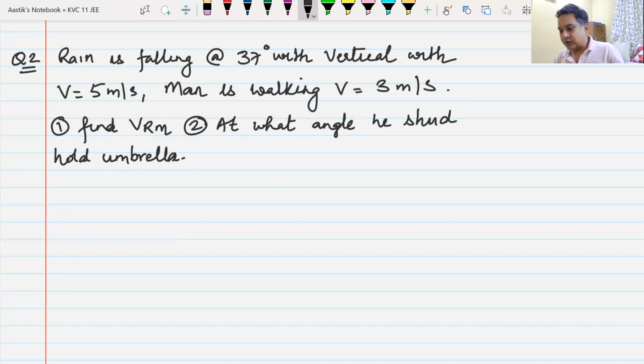At what angle he should hold his umbrella. So I'll give you 2 minutes. Solve this. No diagram is normally given in such cases. Without a diagram, the question passes on to you. You have 2 minutes to solve it.